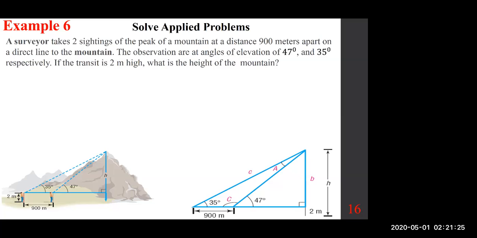We are hoping to find B. Okay, class? We are hoping to find B. So that is what we are looking for. To find B, either we find the hypotenuse for the smaller right triangle, which has a 47 degrees, or the larger one, which has a 35 degrees.